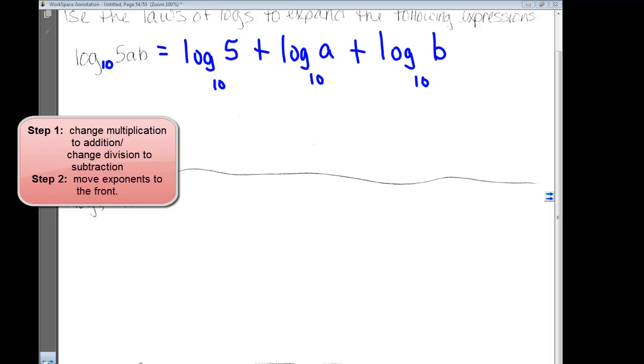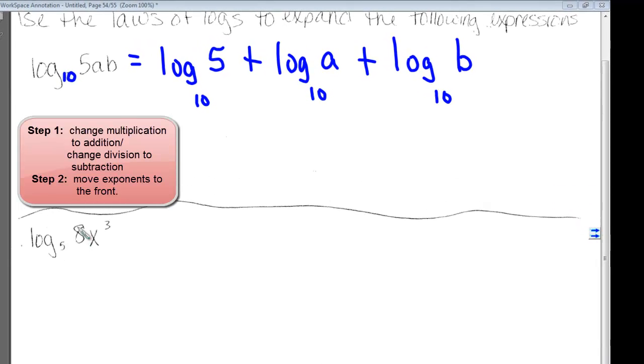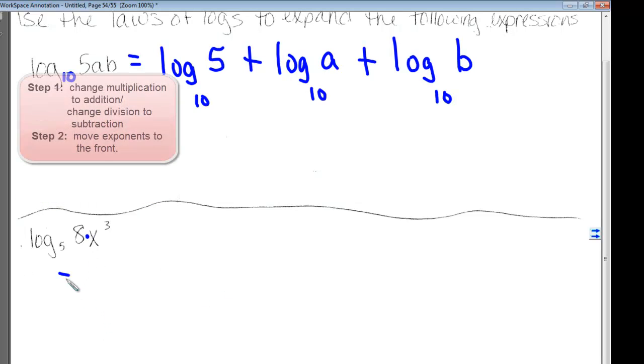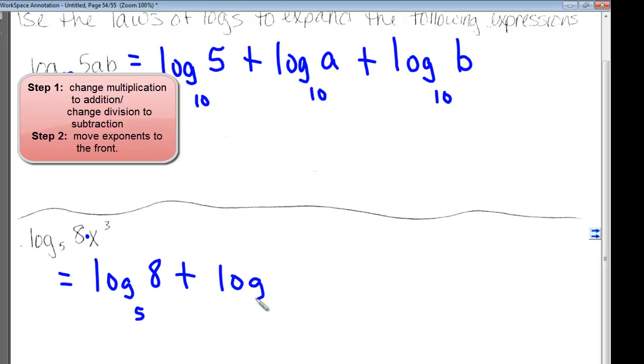And next example, log base 5 of 8x to the third power. So this is using two of them. Right here I have a multiplication, so I'm going to take care of this first. Log base 5 of 8 plus log base 5 of x to the third.